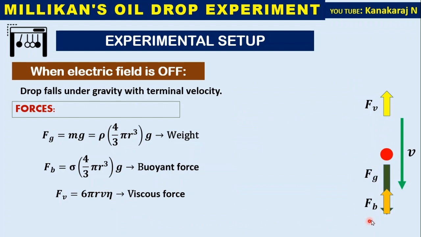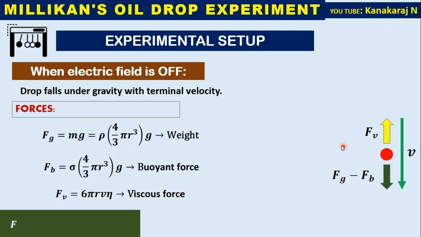Let us subtract the buoyant force from the weight. So we get an apparent weight equal to Fg minus Fb. In the force balance, Fg minus Fb equals the Stokes viscous force Fv.